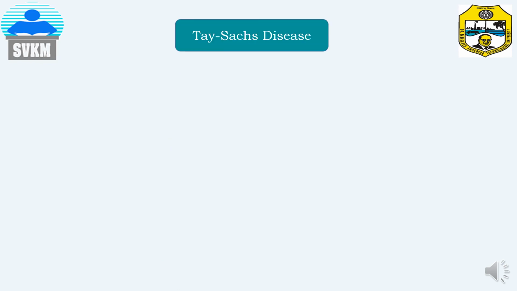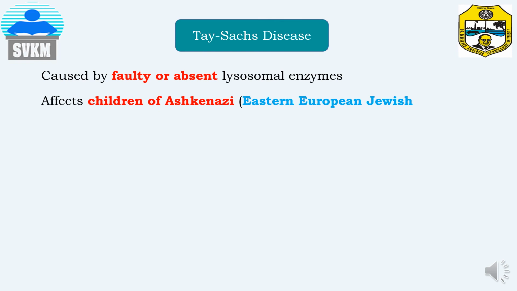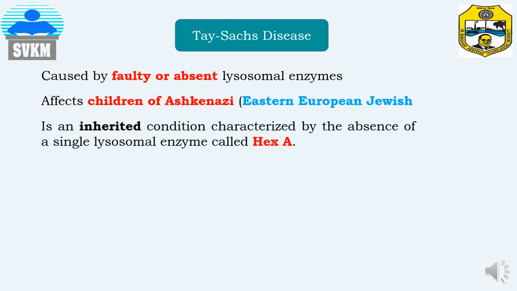One important disease related to the lysosome is Tay-Sachs disease. It is caused by a faulty or absent lysosomal enzyme. The prevalence of Tay-Sachs disease is particularly observed in the children of Ashkenazi, that is Eastern European Jewish, descent. Why is it occurring?